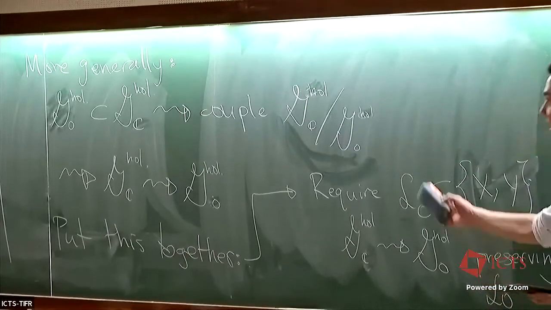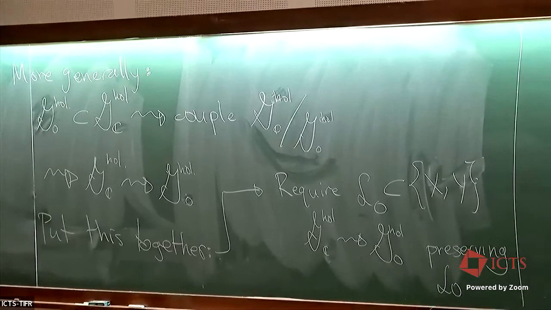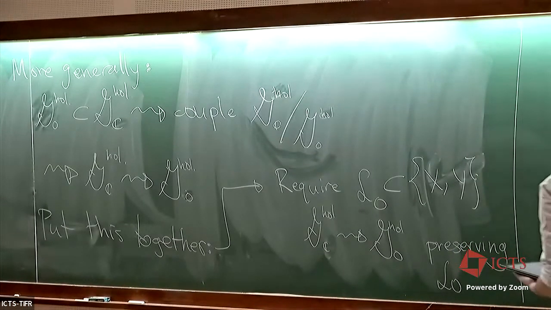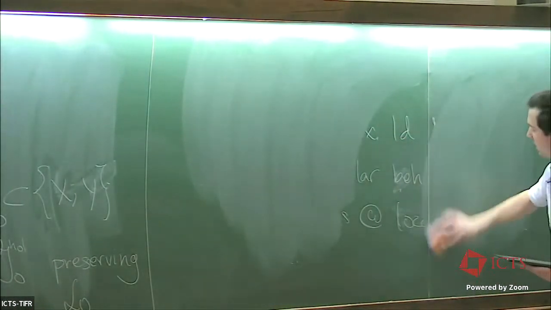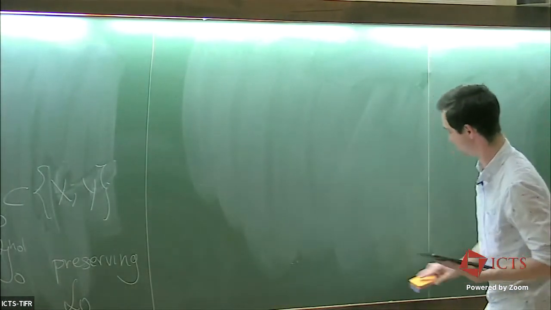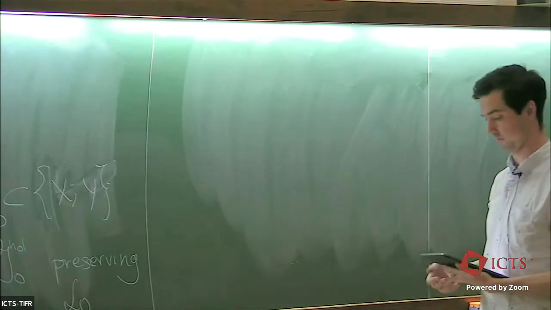In particular, I expect to have a large class of line operators that are determined by this data of a Lagrangian in this holomorphic loop space and a subgroup of holomorphic gauge transformations that preserves that Lagrangian.